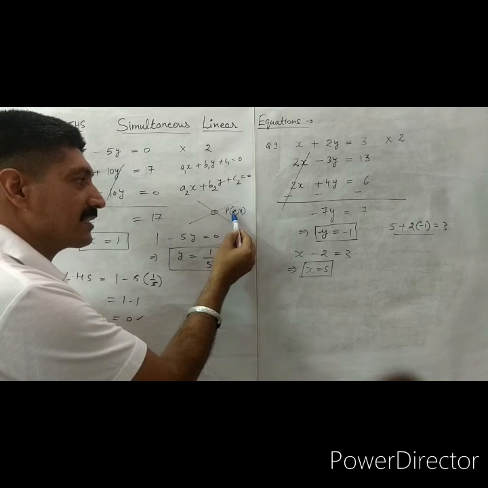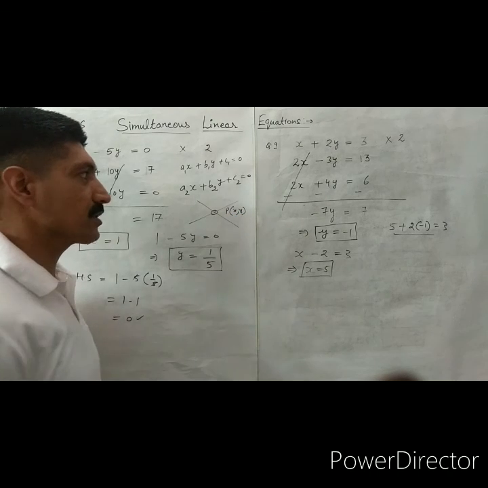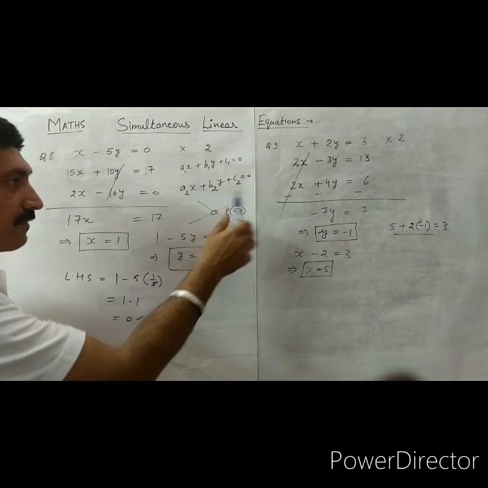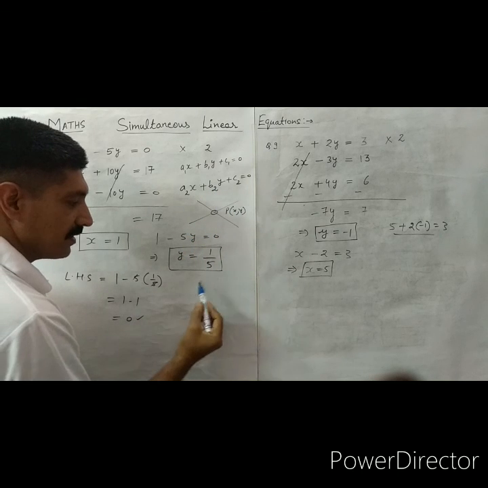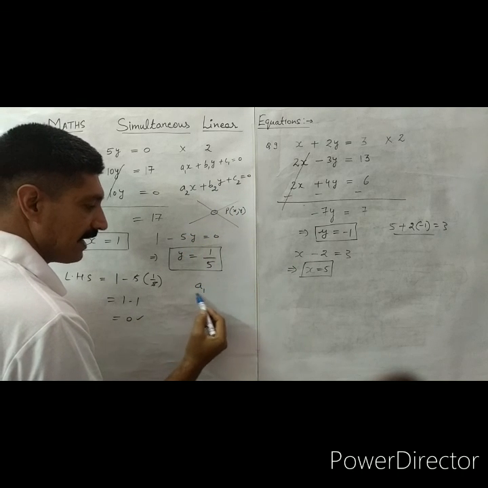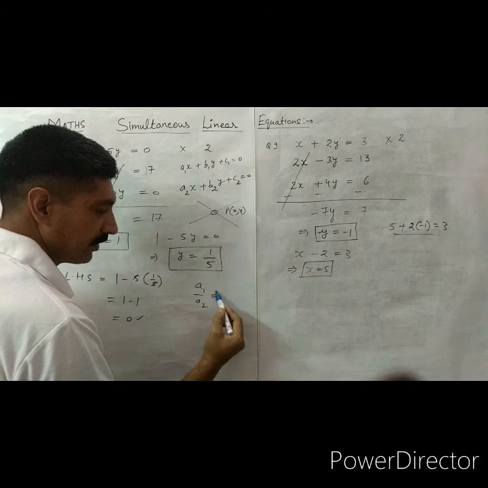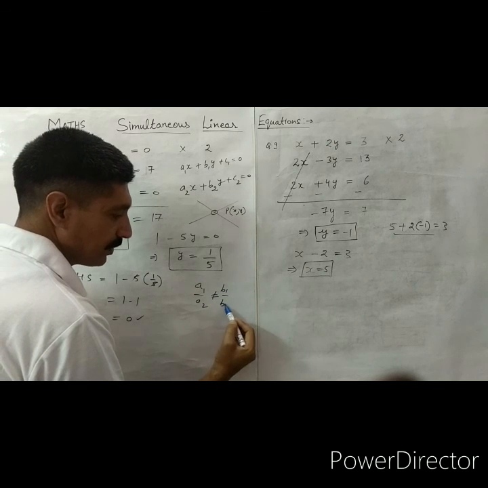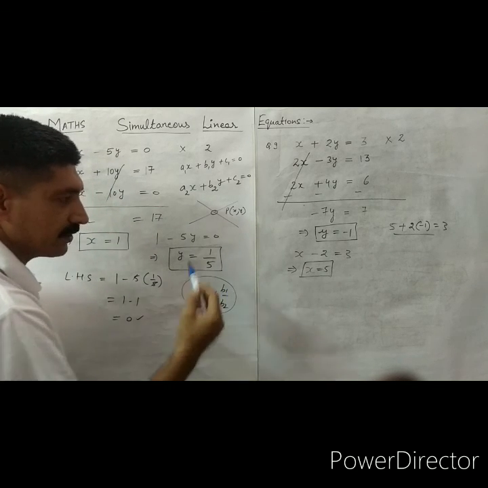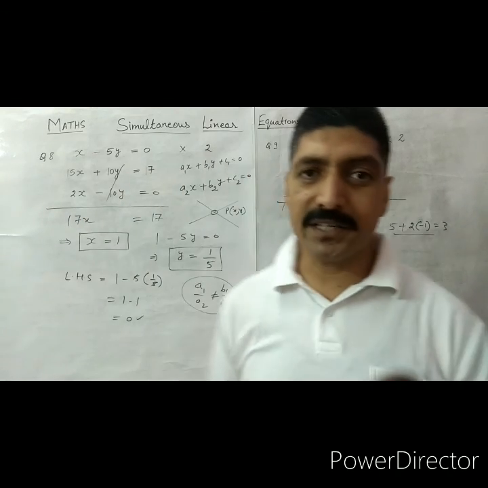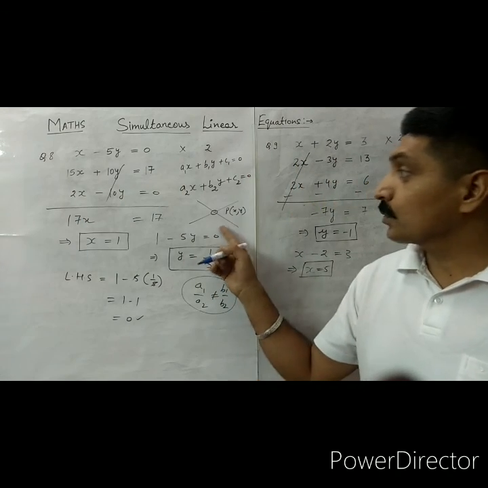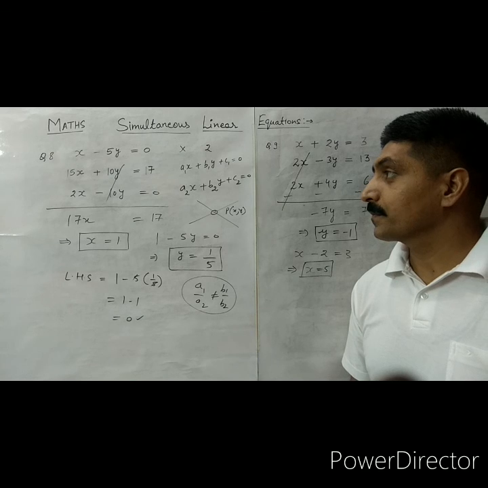So always when these two lines intersect each other, we have a1 upon a2 is not equal to b1 upon b2. This is the important condition for two lines to intersect, or for two lines to have a unique solution.